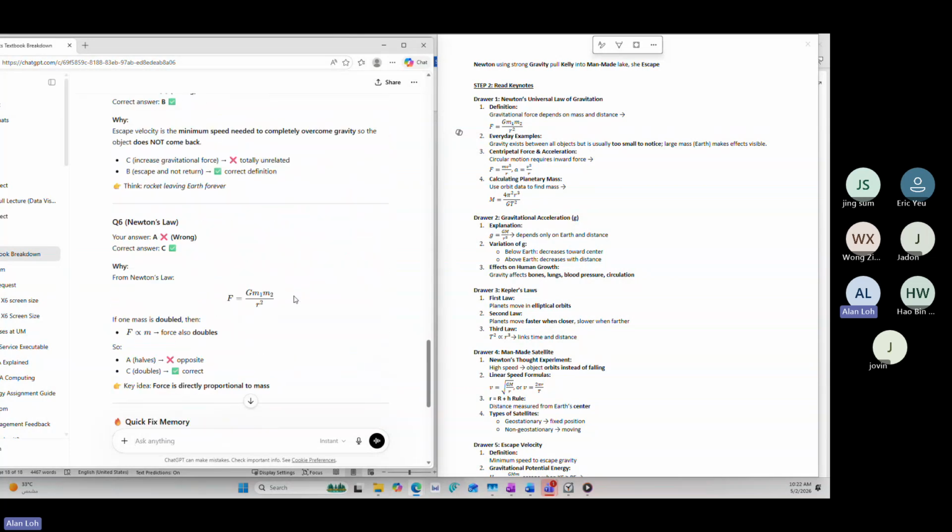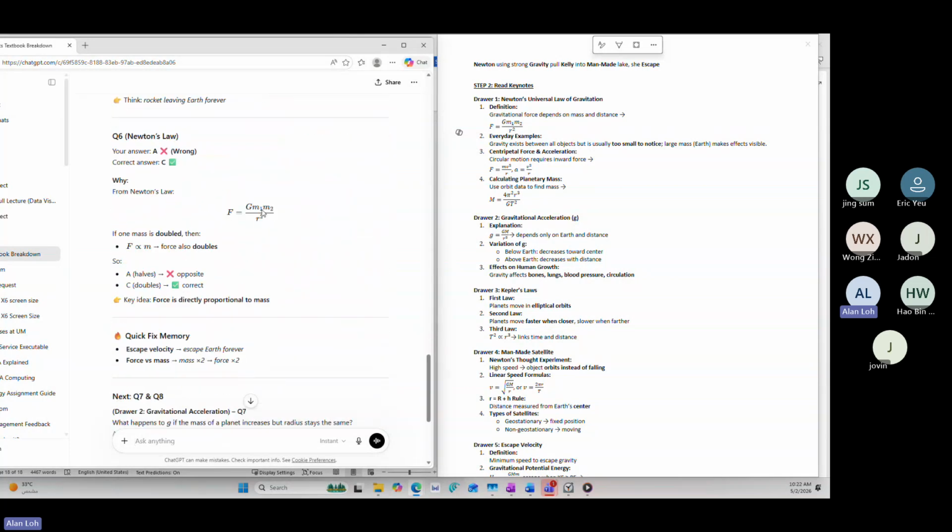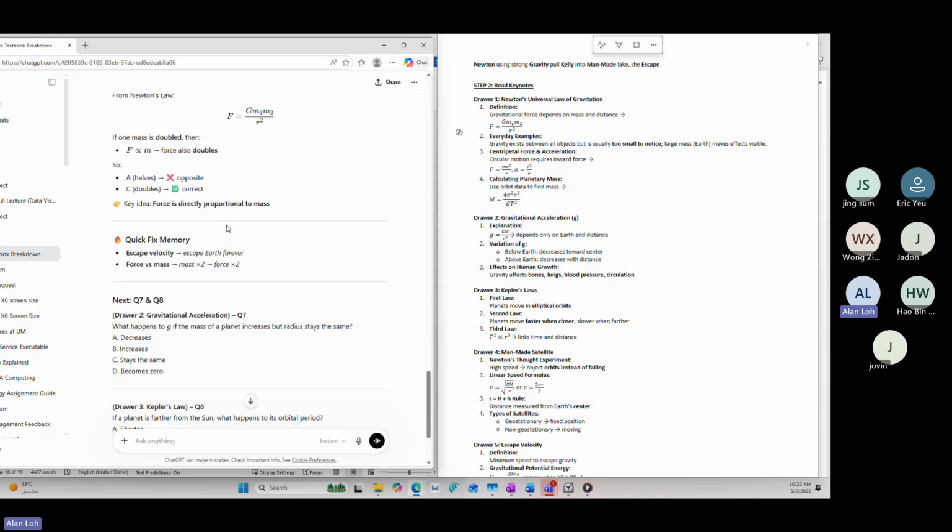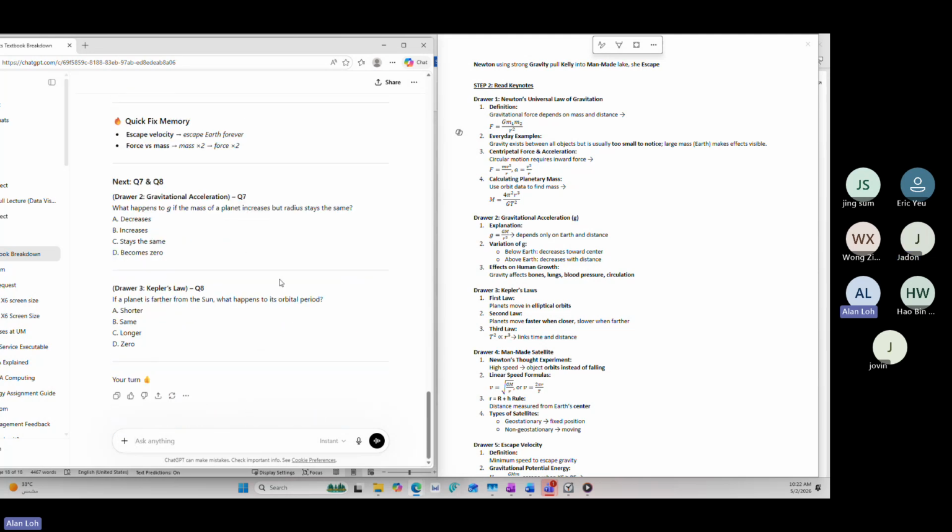It's not half, because if you double up either M1 or M2, that means the F is doubled up. So obviously, when you double up any mass, the force is also doubled. So the answer is double. All right? So now we have two new pieces of information. Jaden and Eric need to put them inside your respective drawers.